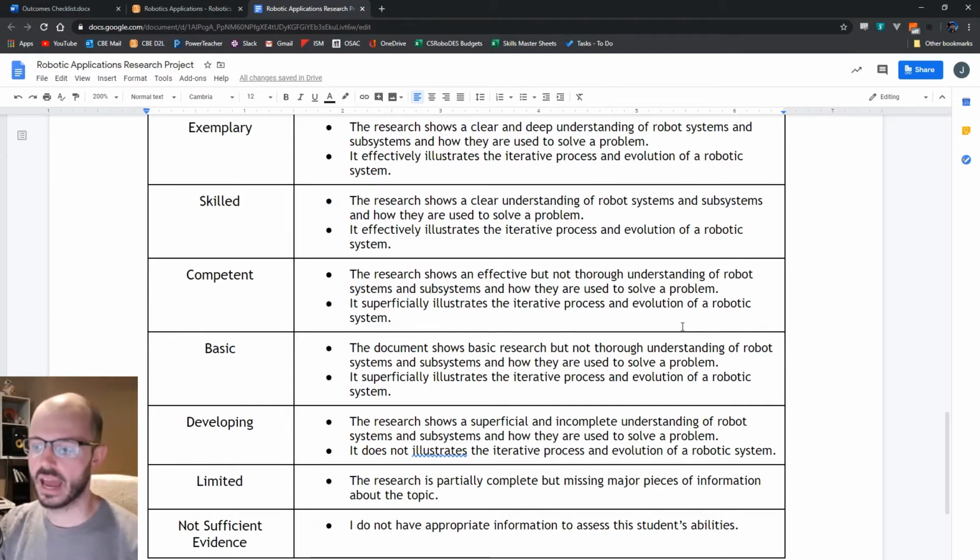And then developing and limited is below a pass, and so that is incomplete or missing major pieces or just not enough for me even to assess. So very straightforward, not a lot of marks to be thrown around and averaged together. Basically just show me that you are doing the research, developing a clear and thorough understanding, and that you can communicate that as well.